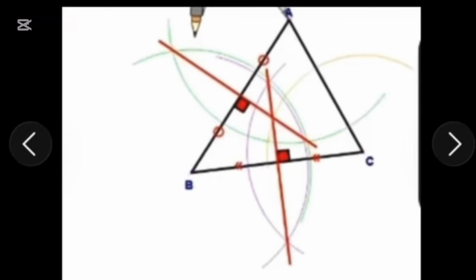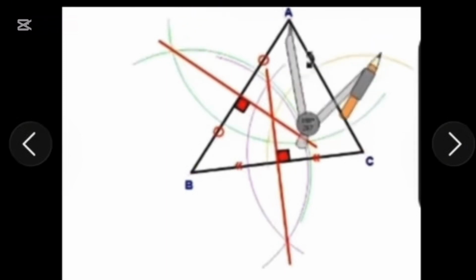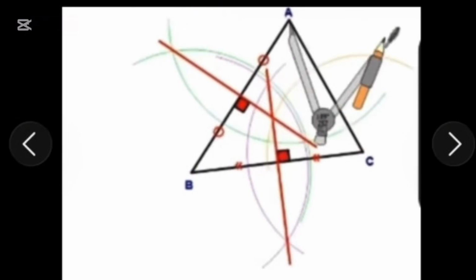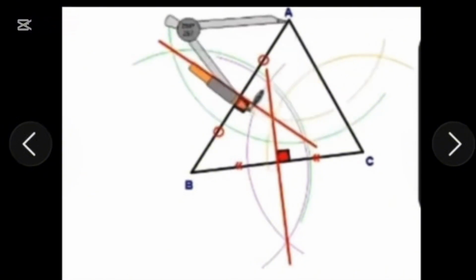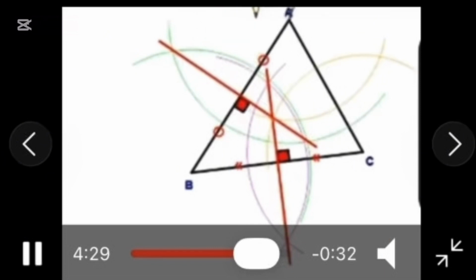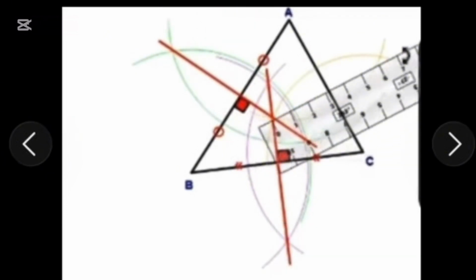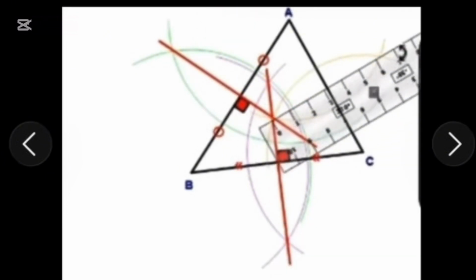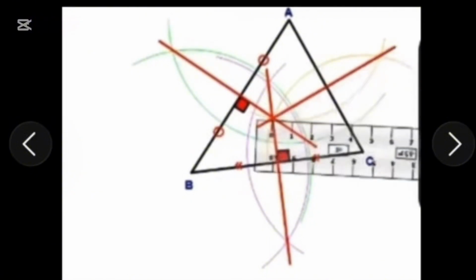Put it on A. And draw the second arc. Like this. Now the two arcs intersect. Using a ruler, we draw a line passing through the 2 points of intersection, and this is the perpendicular bisector of AC.